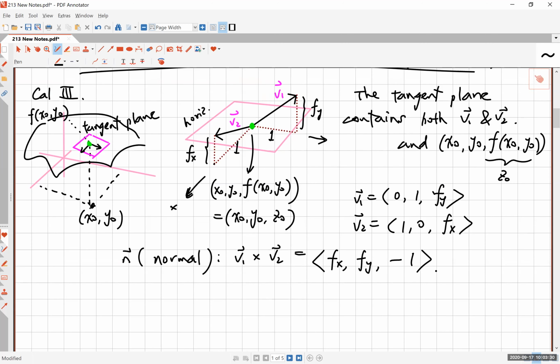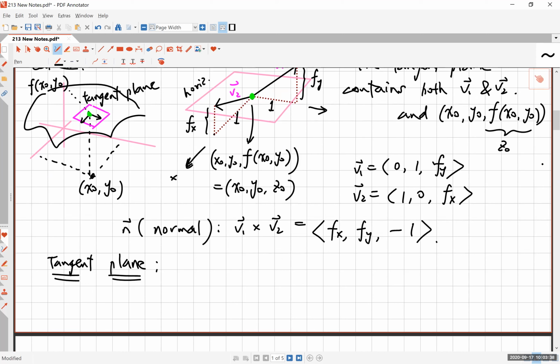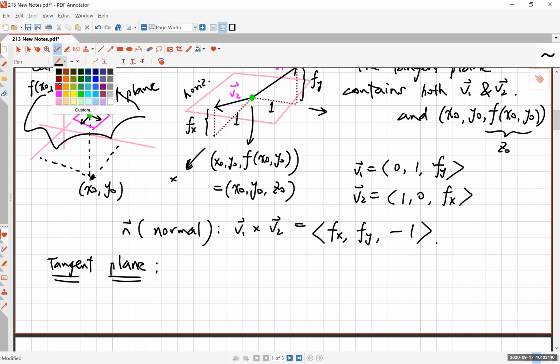Okay, so the tangent plane, we are about ready to come up with an answer to this question. What is the tangent plane? Here's the equation of the tangent plane. So the tangent plane to z equals f of xy at the point x naught, y naught.